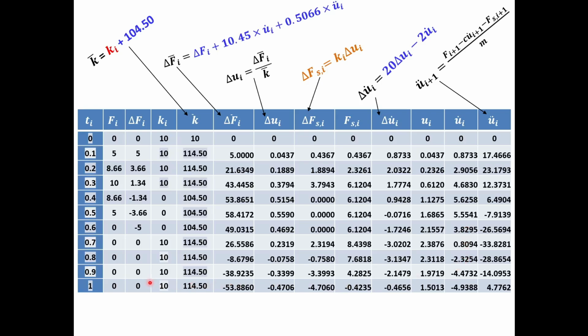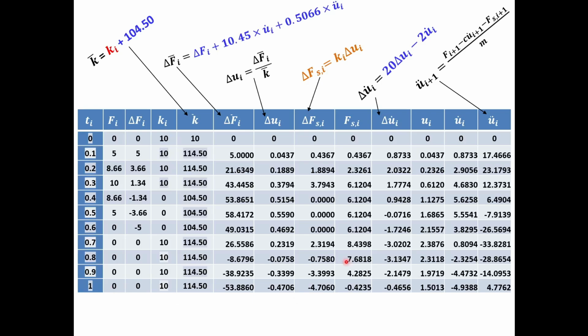And the steps continue. We have gone up to 1 second. You can go further. Up to 0.6 second, it is what is called forced vibration. Beyond that, 0.7 second, 0.8 second, 0.9 second and 1 second, these are all free vibrations under the impact of the excitation given up to 0.6 second.